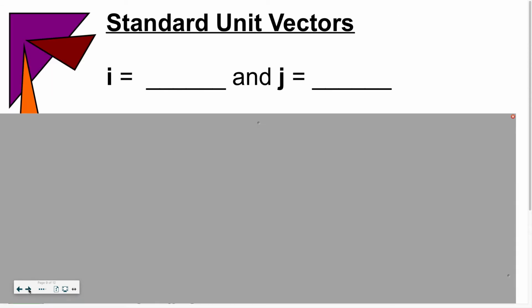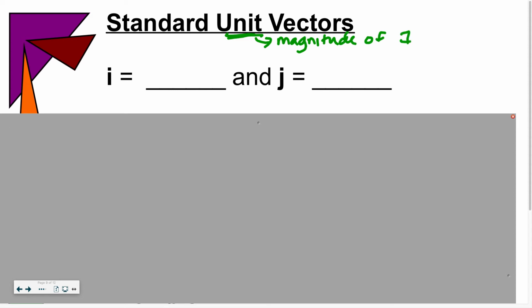Okay, next up are standard unit vectors. That word is popping up again, that adjective, unit. What does unit mean? It has a magnitude of 1.